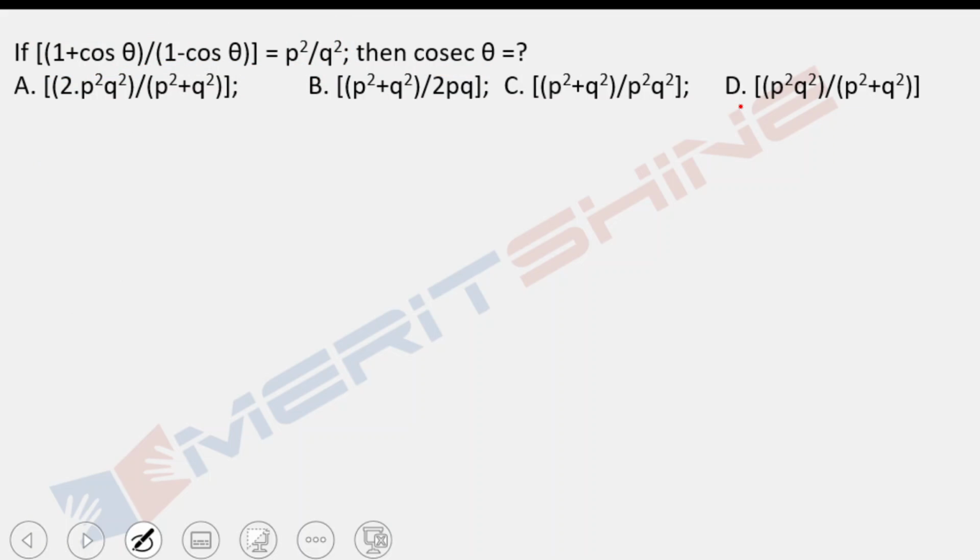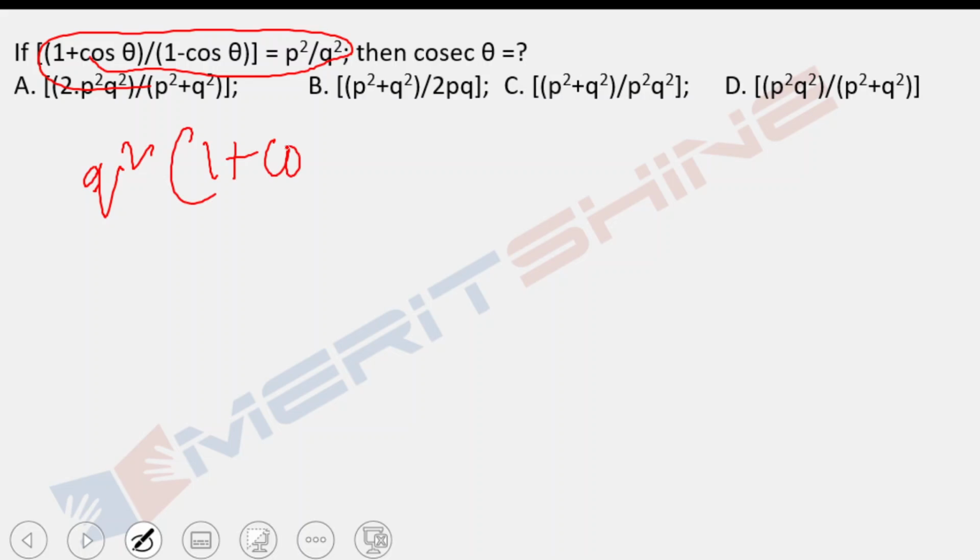There is no rocket science behind it. The simplest way of doing it is to simplify this, and we will do that only. What has been written here? 1 plus cos theta divided by 1 minus cos theta is equal to P square divided by Q square. If I cross multiply, I would get Q square into 1 plus cos theta is equal to P square into 1 minus cos theta.